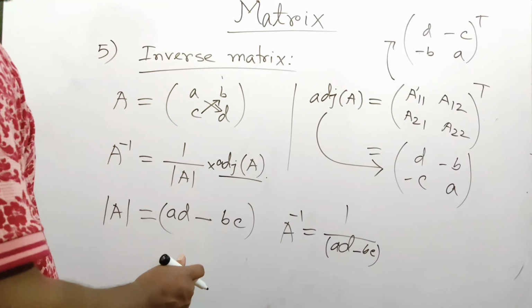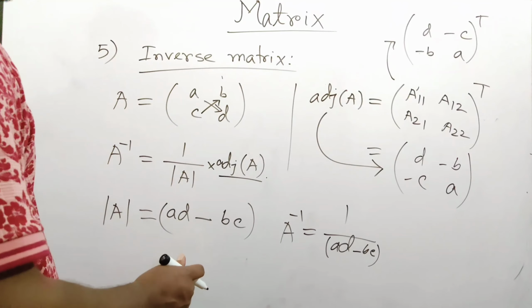Then how can you find the adjoint? If you look at the given matrix and the adjoint of the matrix, you will get some similarities. Look, the diagonal elements are exchanged. Here D is here and A is here, and the signs of the second diagonal elements are changed.